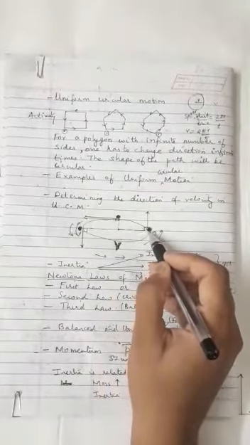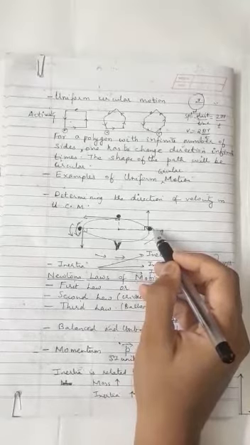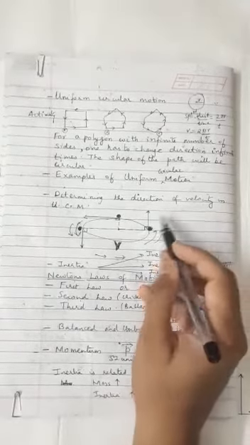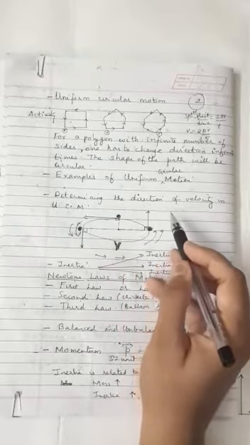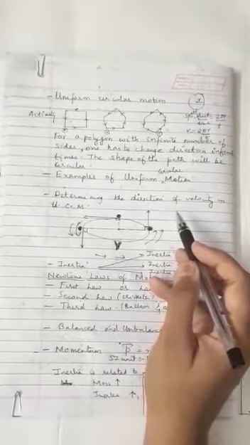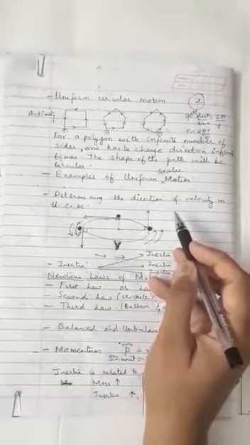Now listen, when the disc is moved at a higher speed, the coin will be thrown off. Initially the coin will be on the disc, but as the speed goes on increasing, the coin will be thrown off.